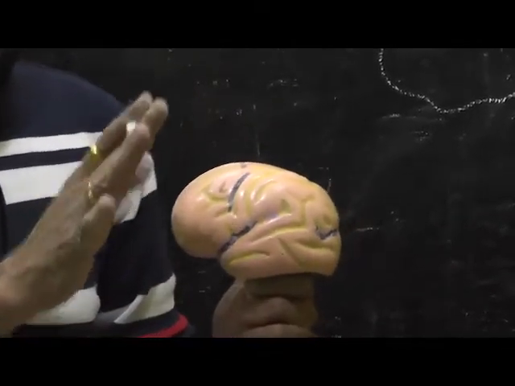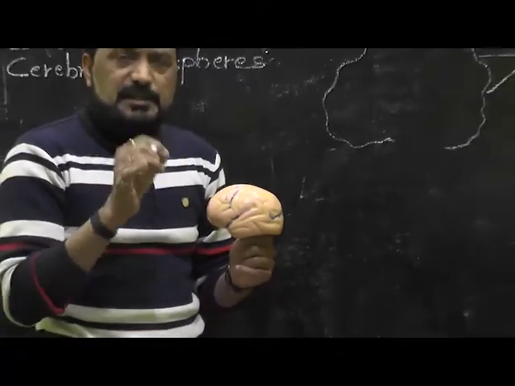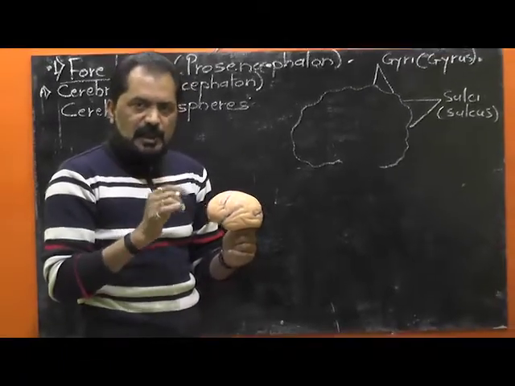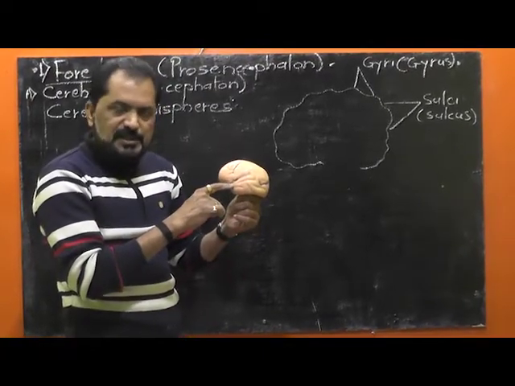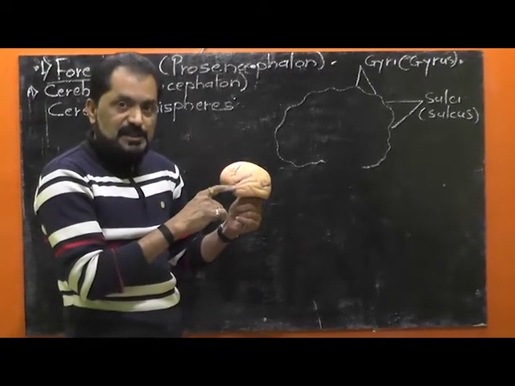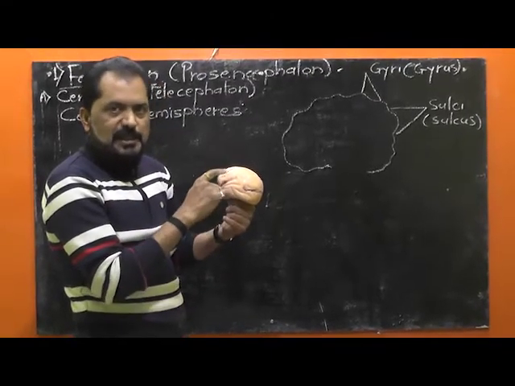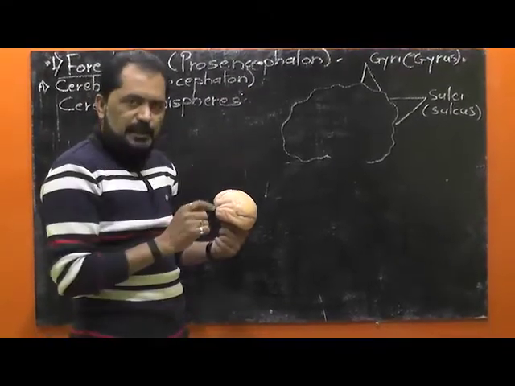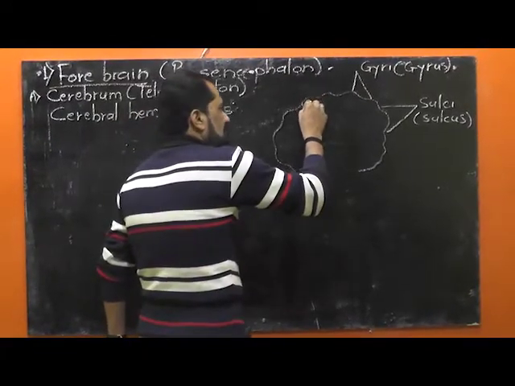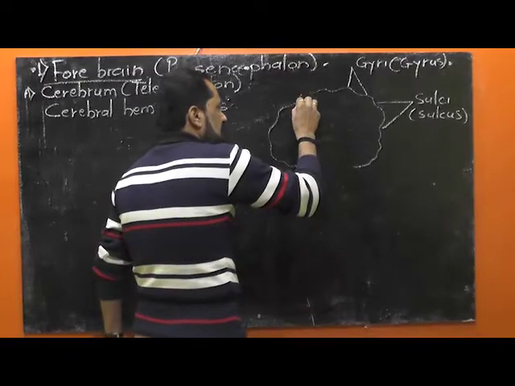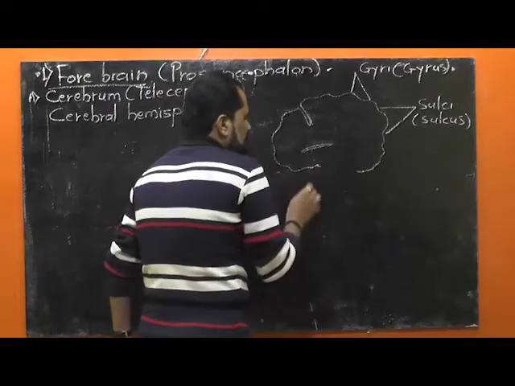I said that each cerebral hemisphere shows three distinct sulci, namely the central sulcus, the lateral sulcus, which may be known as the Sylvian sulcus, and the parieto-occipital sulcus. Those sulci I am going to show there in the diagram. Please look there. Here is the central sulcus.